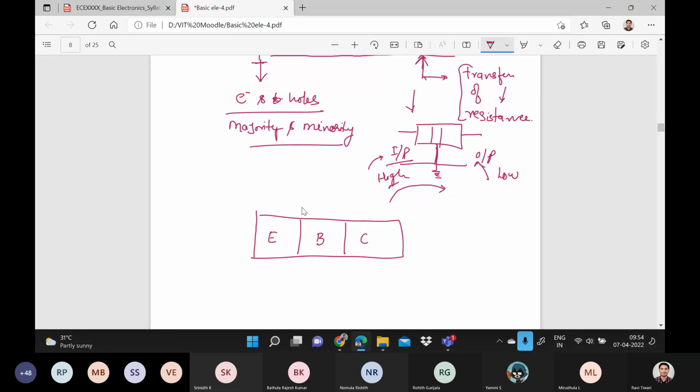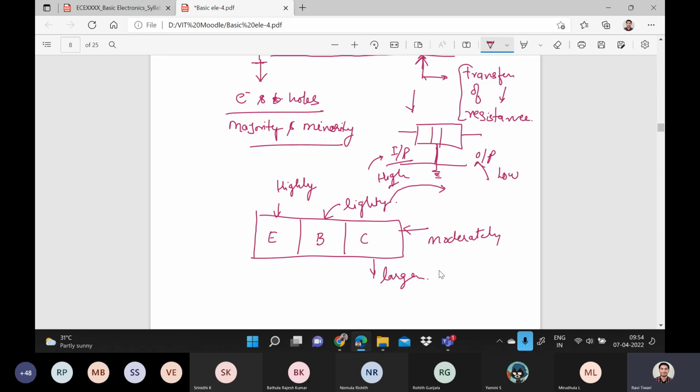Emitter is highly doped, collector is moderately doped, and base is lightly doped. And which one has the larger area? Collector. Collector has the larger area.